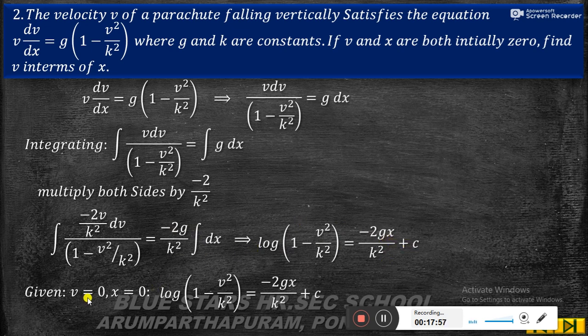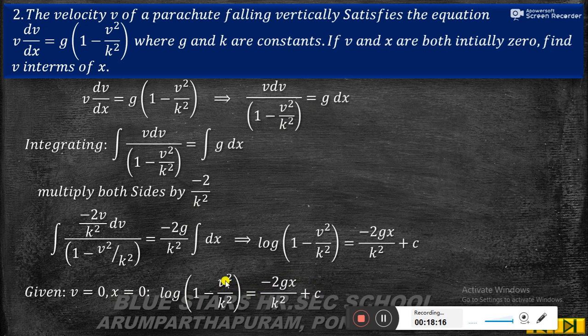In the next step, we take that v and x are both initially 0, meaning v equals 0 and x equals 0. So I substitute v equals 0 and x equals 0 in the equation log of 1 minus v square by k square equals minus 2gx by k square plus c.